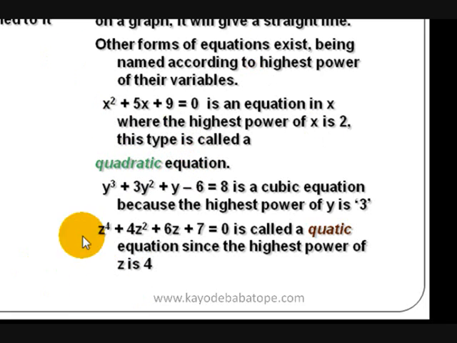Another example is y cubed plus 3y squared plus y minus 6 is equal to 8. This is a cubic equation because the highest power of the variable y is 3. Also, we have z raised to power 4 plus 4z squared plus 6z plus 7 equals to 0. This is called a quartic equation since the highest power of the variable z is 4.